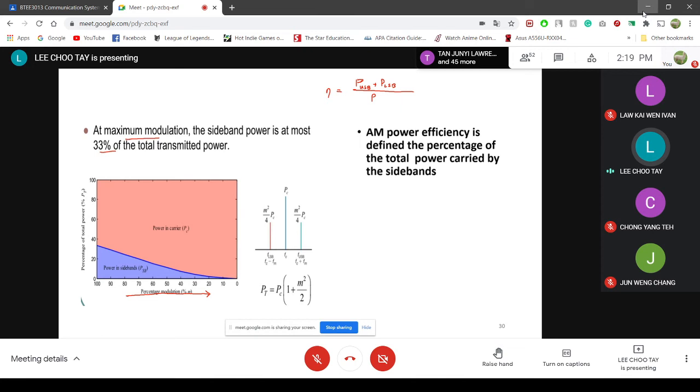What we do is make use of two double sideband suppressed carrier modulators, which are basically just multipliers, and also two phase shifters. The function of these two phase shifters is to shift the phase of my message signal as well as the carrier signal by 90 degrees, pi over 2.